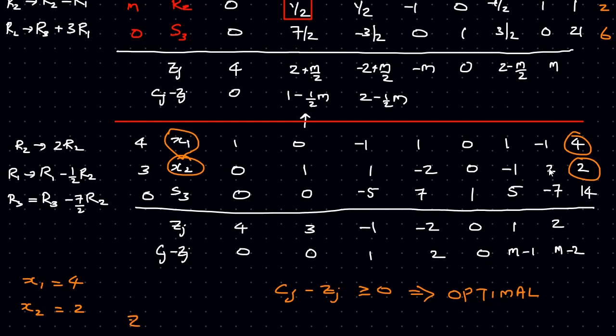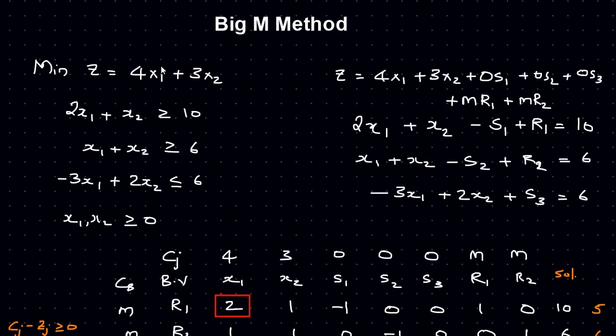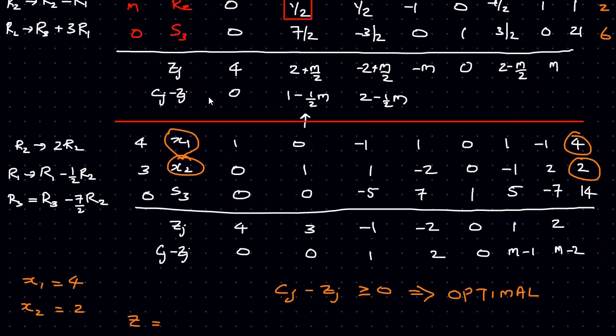If we substitute the values in the objective function, z was 4x1 plus 3x2, so that's 4 into 4 plus 3 into 2, so 16 plus 6 means 22. That is the value for the objective function, and these are the solutions we obtain.